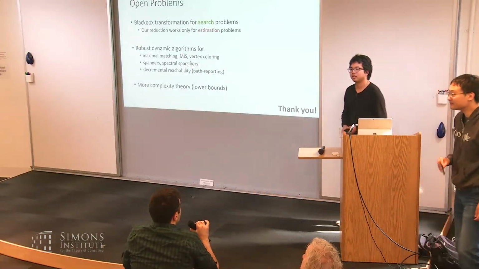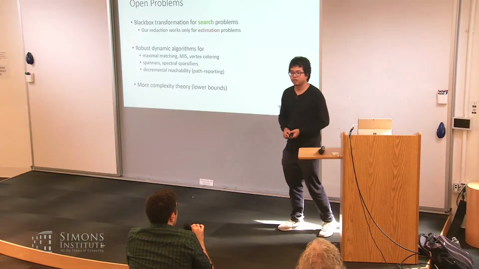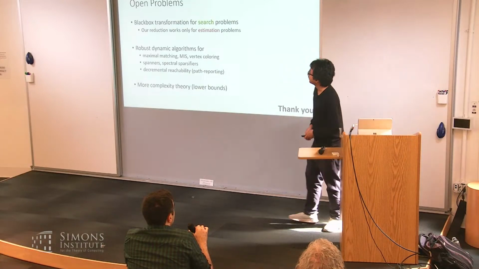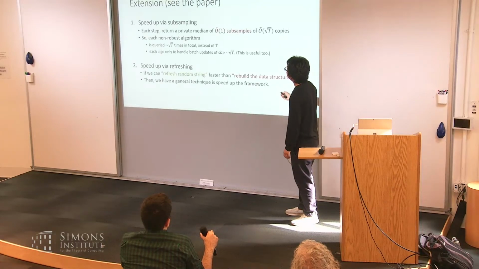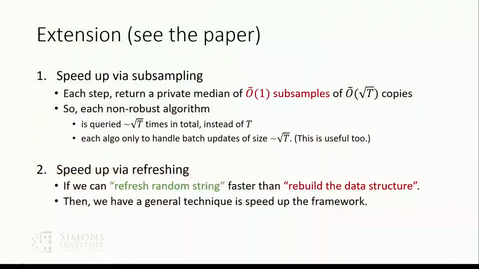I thought you said the root T bound can be improved with subsampling. Oh no, I mean, it can be improved in the number of copies. I don't see how to improve this, but the implementation of this whole thing can be sped up. Instead of giving updates to root T many copies at each time step, you just sample, log n among these copies, and feed the update to those.